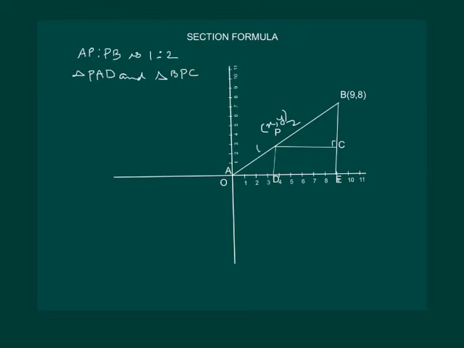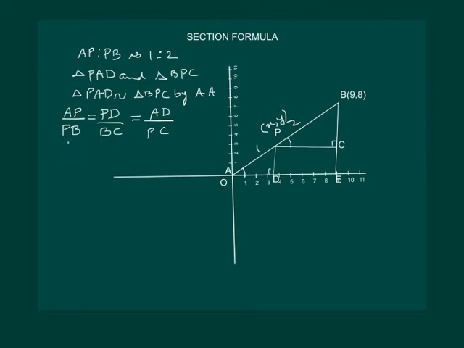We know we have two 90-degree angles. Also, PC is parallel to AE. Corresponding angles will be equal. That means angle P is equal to angle A. So the triangles are similar by AA criteria. That means sides should be in ratio.